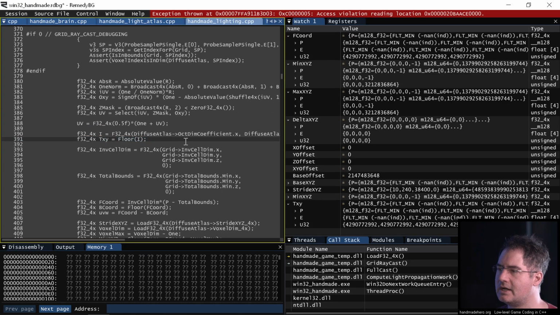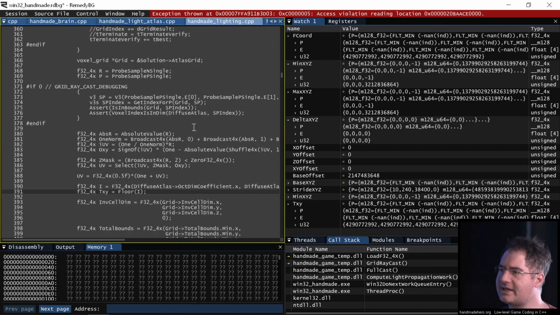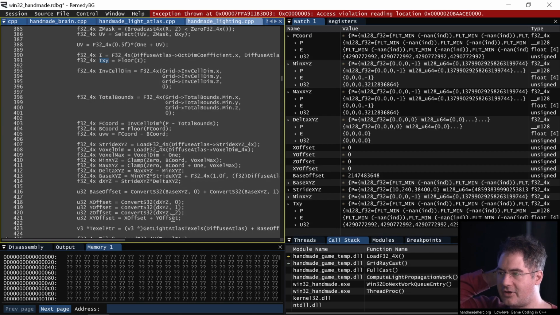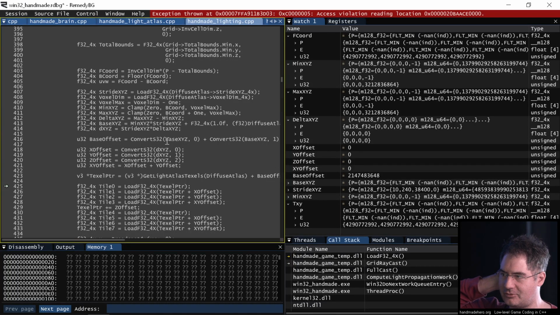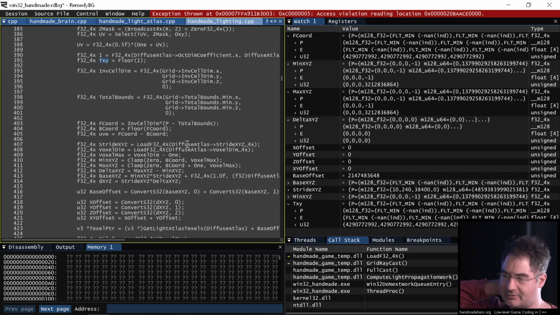Okay. So actually, I misinterpreted what was happening before. Really, it's just the fact that it can't invert that value is producing a bogus TXY fetch. So when I thought this has something to do with the actual grid cell, it doesn't. That's a lie, because that always gets clamped.